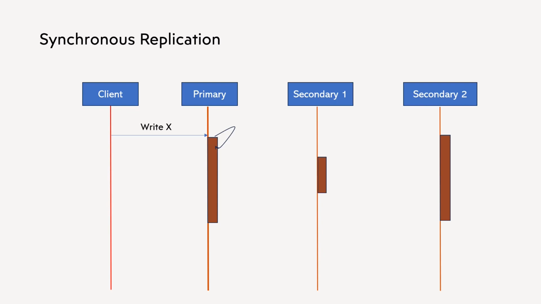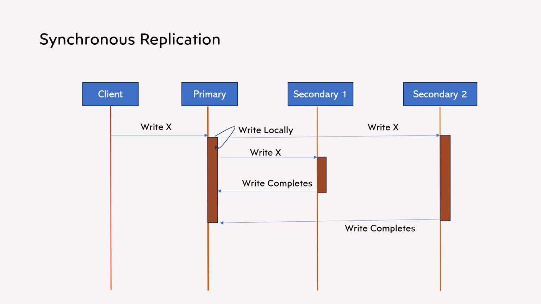First it updates its own local database or local file storage. Then it sends this request to the other secondary nodes, secondary node 2 and 1. After all the secondary nodes complete their writing to local storage, the primary node sends back a response to the client that we are done.